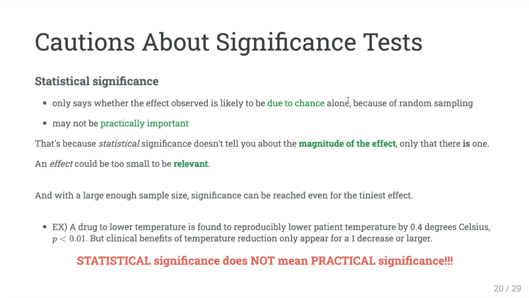That's because statistical significance doesn't tell you about the magnitude of the effect, only that there is likelihood that there is an effect. An effect that is significant could still be too small to be relevant. For example, you might be working in a clinic and you are looking at a new treatment, and it may be significantly better than the old treatment.